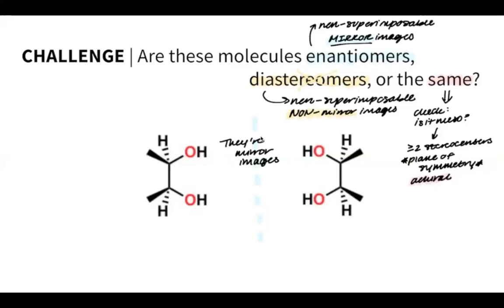So right now, it looks like we have mirror images, but let's check to see that they're non-superimposable, because remember, that's necessary in order to have an enantiomer. This is where it gets a little bit tricky, because originally, I turned this guy around this way. This is an easy mistake to make. Let's put the hydroxyl on the left.